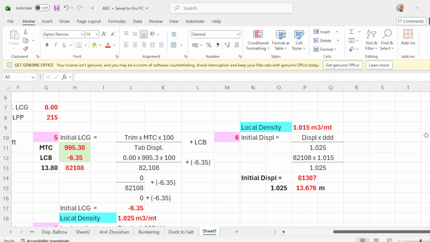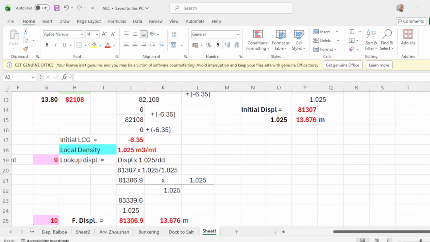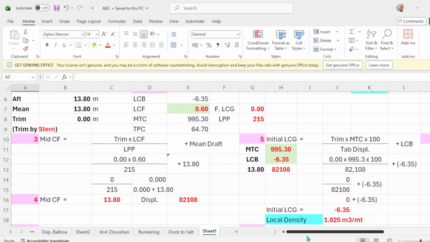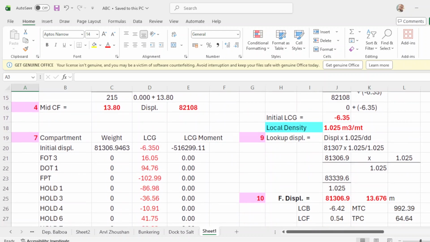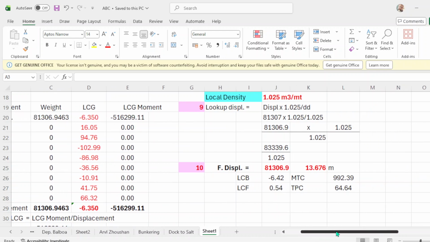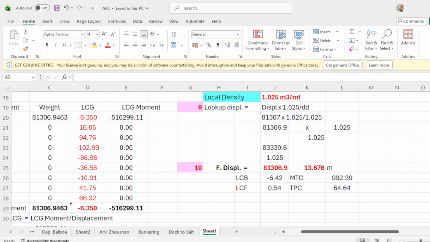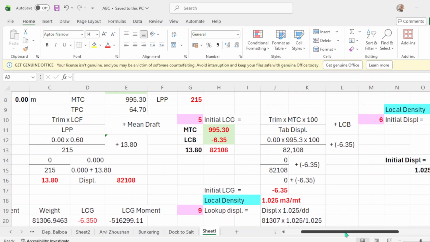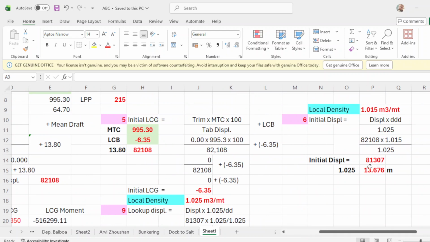So after number 6, you go to number 7. Your initial displacement is 81306, which is this one, guys.